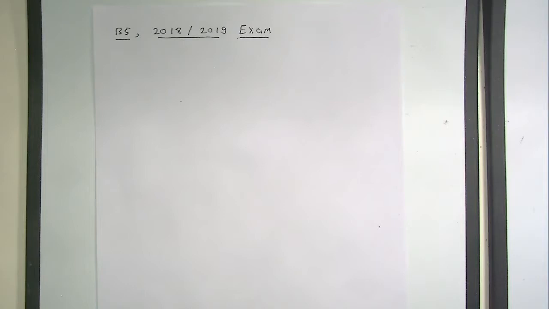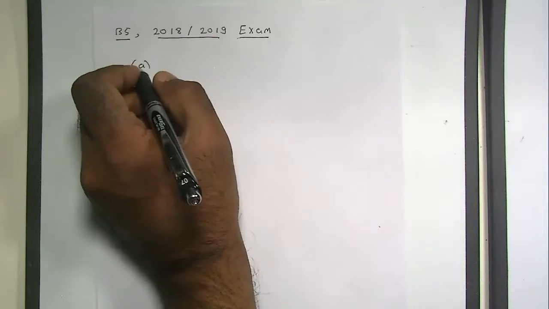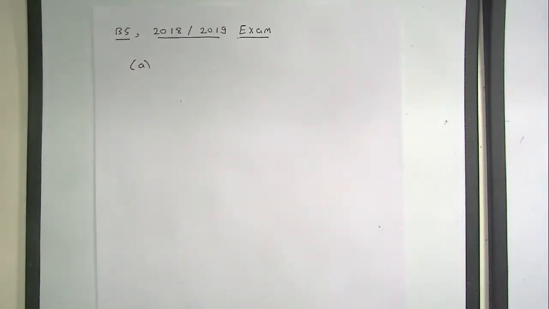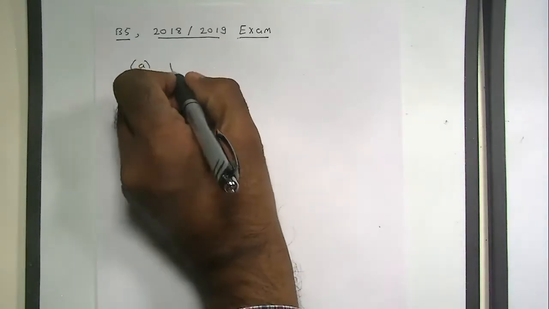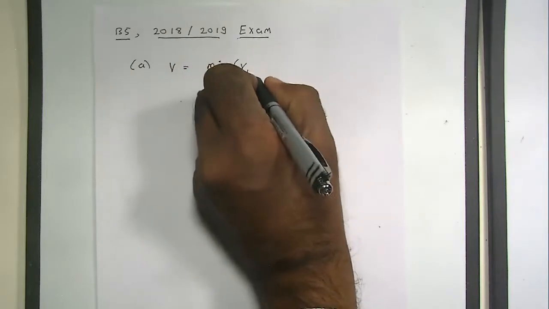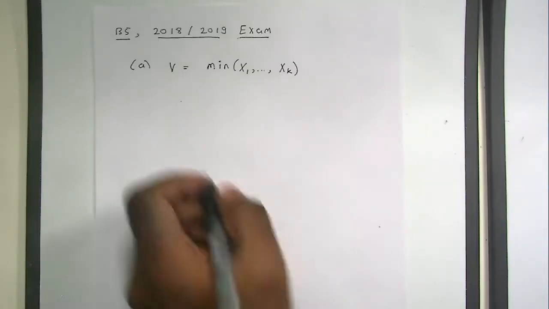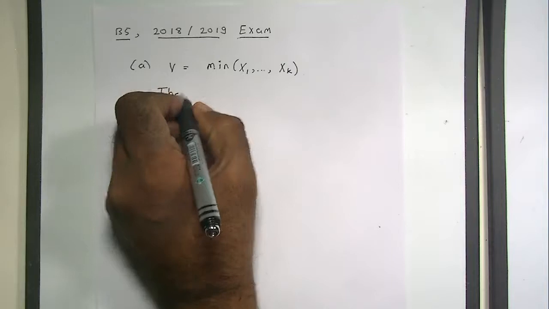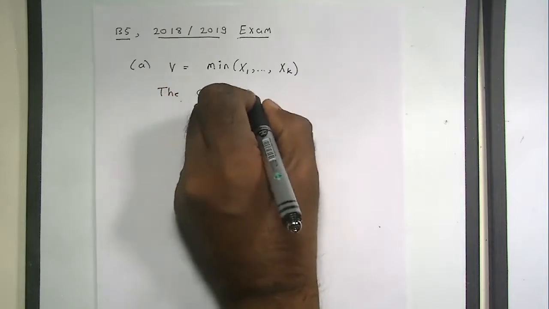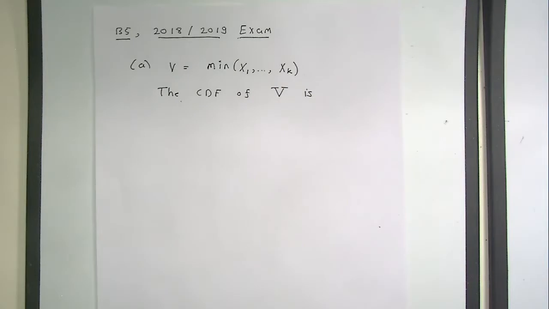Now, part A. We want to find the cumulative distribution function of V, which is the minimum of x1 to xk. So V is the minimum. You want to find the CDF of V, right?